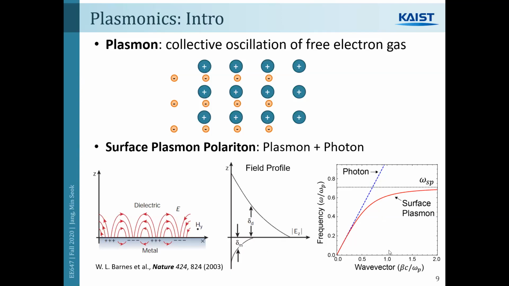And if you look at the dispersion relation of this surface plasmon, its momentum is always larger than the momentum of a photon at the same energy. What does that mean? It means the wavelength of the surface plasmon is always shorter than the wavelength of light, which means plasmons are smaller than the photon. And because of this smallness, plasmons are useful in various applications, which I'm going to mention.